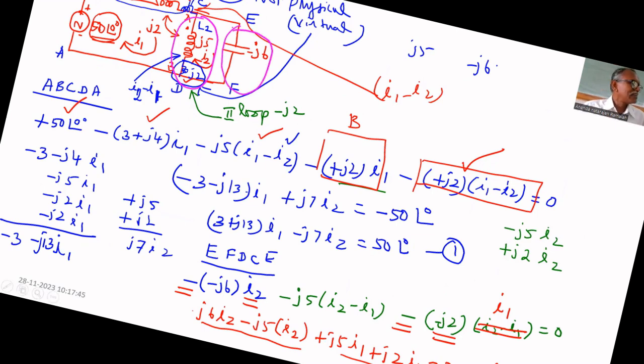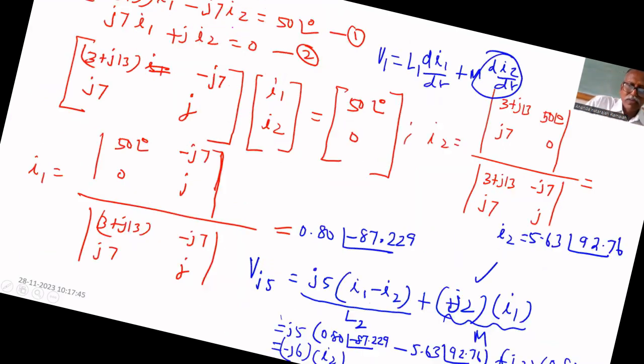You can find the voltage across J5 by multiplying minus J6 by I2. So the first answer and second answer must be equal. Then I1 equal to 0.80 angle minus 87.229 and I2 equal to 5.63 angle 92.76 are correct.